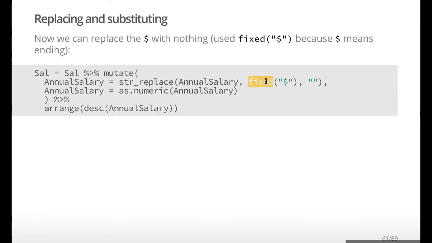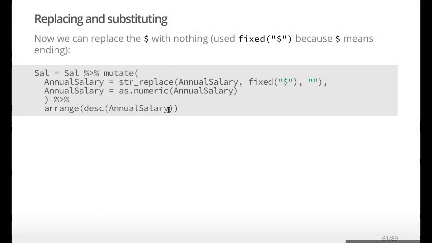So we need this fixed modifier in there, and then we can say as.numeric annual salary, we're all good, and then we can arrange the data, for example, in decreasing order by annual salary. So the person with the highest paid job is at the top. We couldn't have done that before because it was a character vector. It wouldn't have sorted correctly.